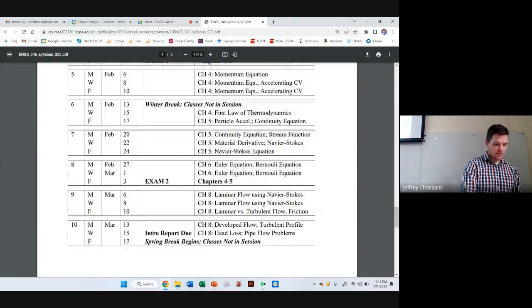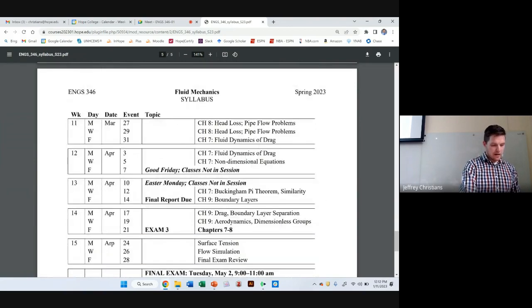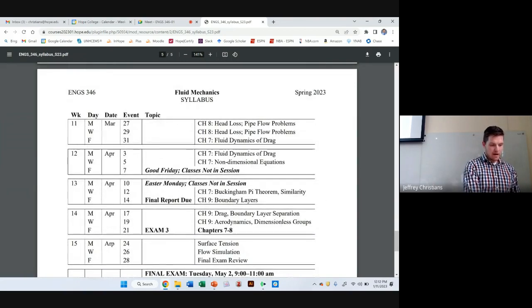Okay, you will also see some dates. On March 15 at the bottom there, and on April 14, you'll see stuff about a report. It's going to be like a group homework thing that will take the place of most of our homework during that section. When we get to it, I'll lay out what it is and what you're going to be doing, but those dates are on there as well.